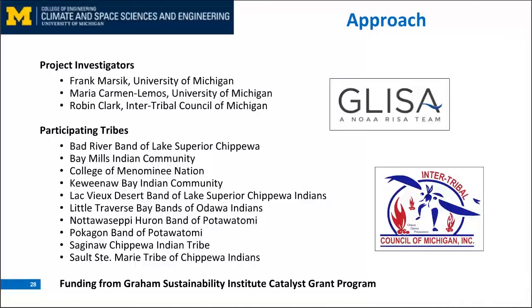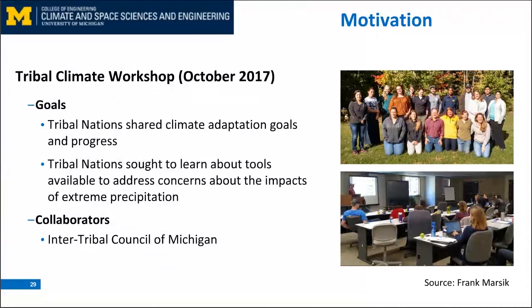I'm not going to go through and list them all. Like I said, there were multiple goals of the workshop. One is that the Intertribal Council of Michigan had already worked with the various federally recognized tribes in the state of Michigan to come up with a vulnerability assessment in the previous couple of years.